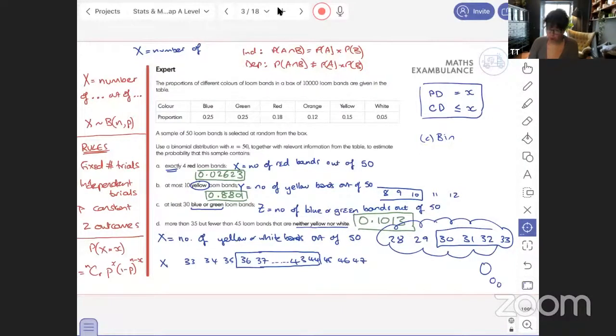Right, so things that will happen here. An incorrect answer is going to be the number 1. Because you can't just tell the calculator to do less than 44. If you do less than or equal to 44, if you use binomial CD and you put in X is 44, it's going to do all of the ones all the way down. And that is not what we wanted. Look at the number line.